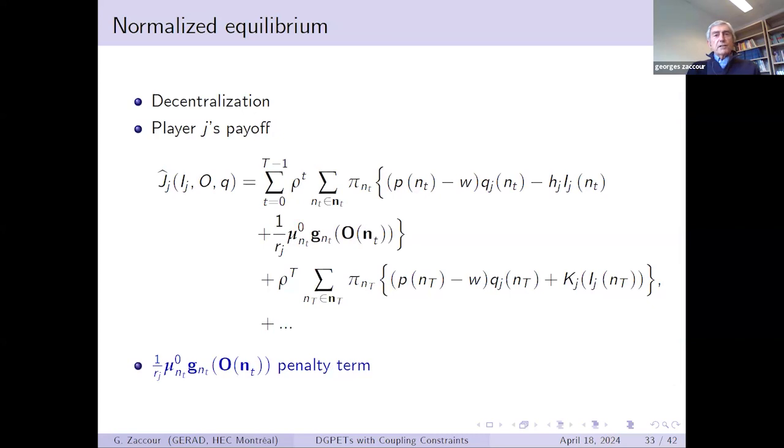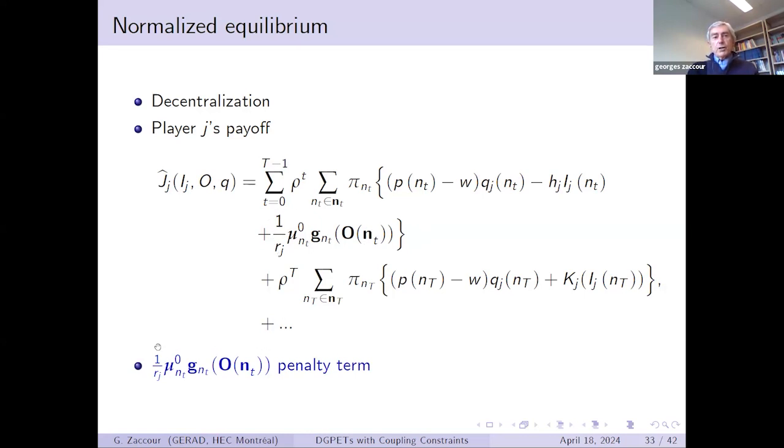Now, once I get this, as promised, I want to decentralize the solution, meaning that I want to have the solution satisfying the joint constraint through the definition of players' multipliers that must be appended to the constraint that they are facing at any node NT, and this is by the introduction of these multipliers.